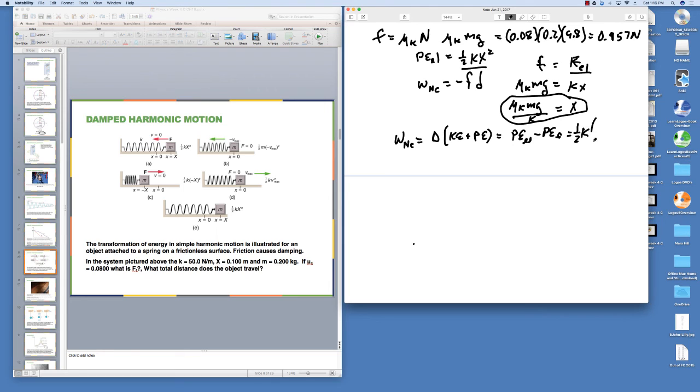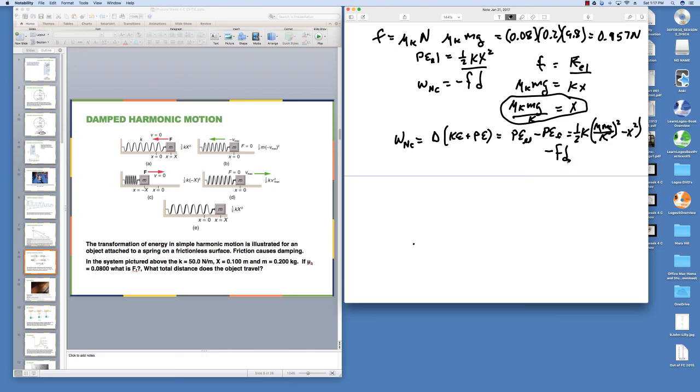And that's going to equal 1/2 k times (mu mg over k) squared minus x squared. I'm not going to put this little k in there every time, we'll just do that so it doesn't get confused with the other k.